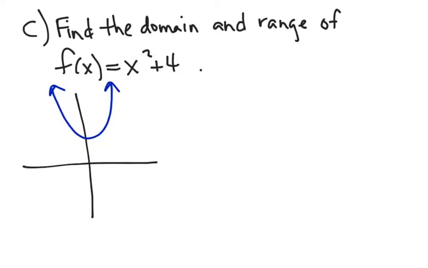Well, every number in the world can you plug in for x, square it, and then add 4. You'll always get a number out. We say that the domain is every number in the set of real numbers. This fancy looking R with an extra leg on the side is the mathematical symbol, I guess you could say, for all real numbers.